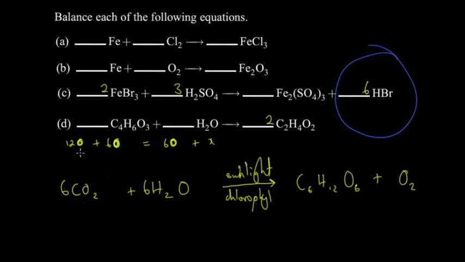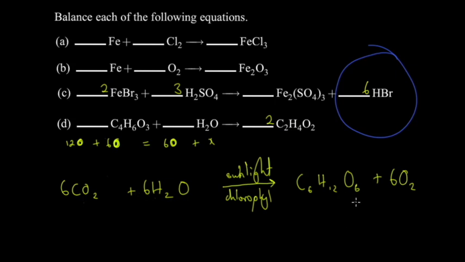Here we have 12 plus 6, so 18. Already 6 are taken, so we're left with an opportunity of 12 here. In other words, we want to get to 18, so this one must be 12 somehow. There's already 2, so to make it 12 you have to multiply by 6 here.